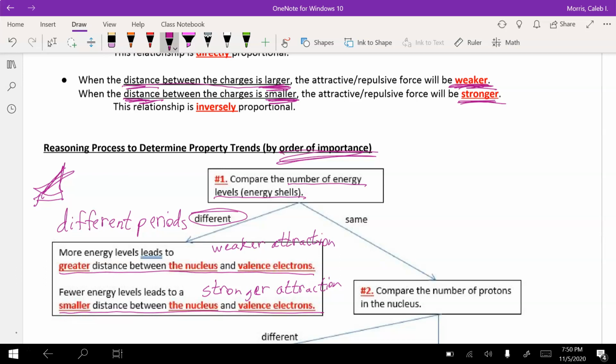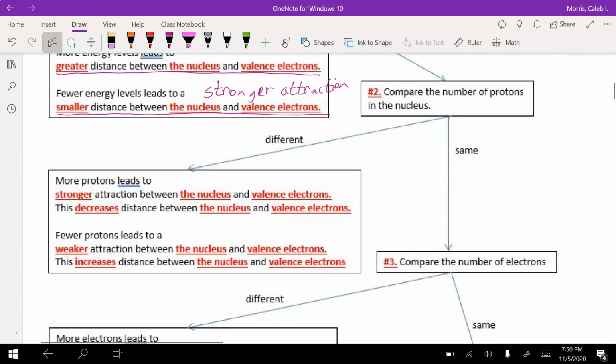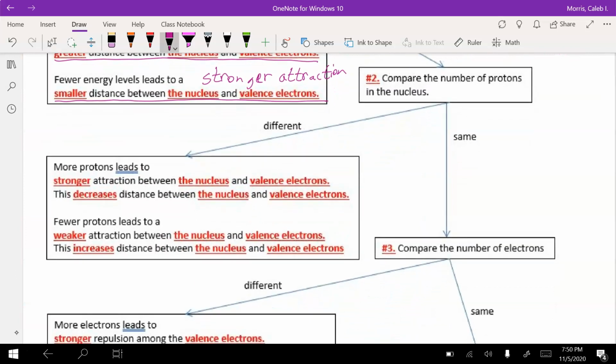Okay. If they're the same, then we would say this is if they're in the same period or the same row. If they're in the same row, then we have to look at our next form of logic, which is looking at the number of protons in the nucleus. If they are different, we're going to use the logic that's listed over here.